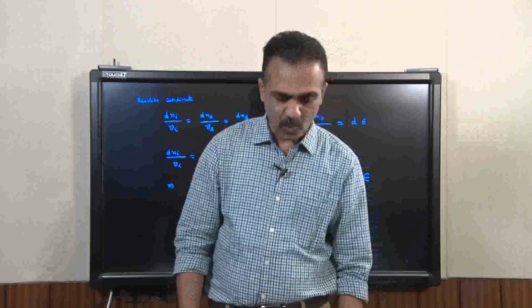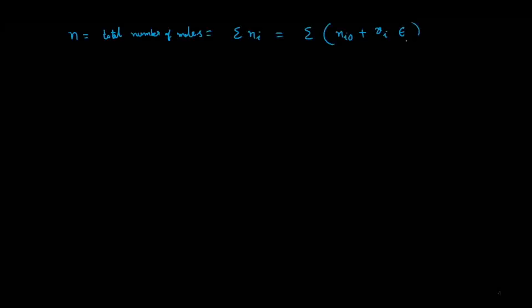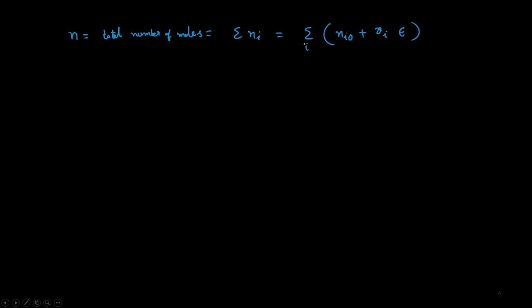Let's say the mole fraction is yi, and if Ni is the number of moles for each of the species, then the total number of moles, we'll drop the subscript, we'll call N, is simply going to be the sum over all Ni's. And because Ni is Ni naught plus nu I times epsilon, this is summation over all the species I present of Ni naught plus summation over I for all the species present of nu I times epsilon.